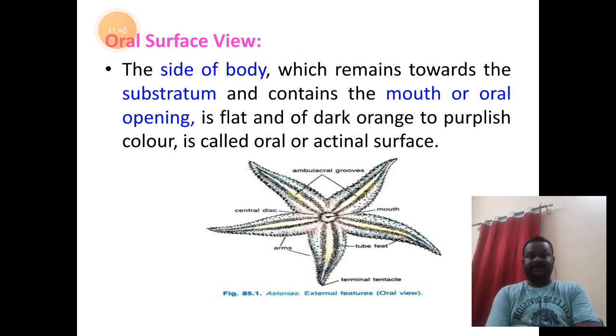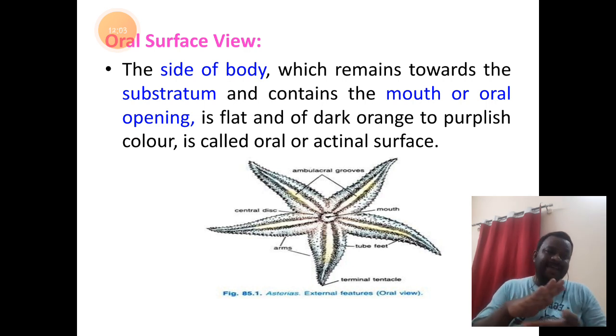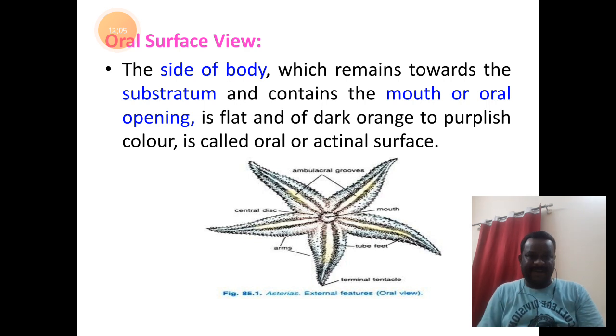Well, students, after understanding the size, shape and color, now we will look into the parts of the body related to the oral surface as well as the aboral surface. This is a very important concept for your main exam.